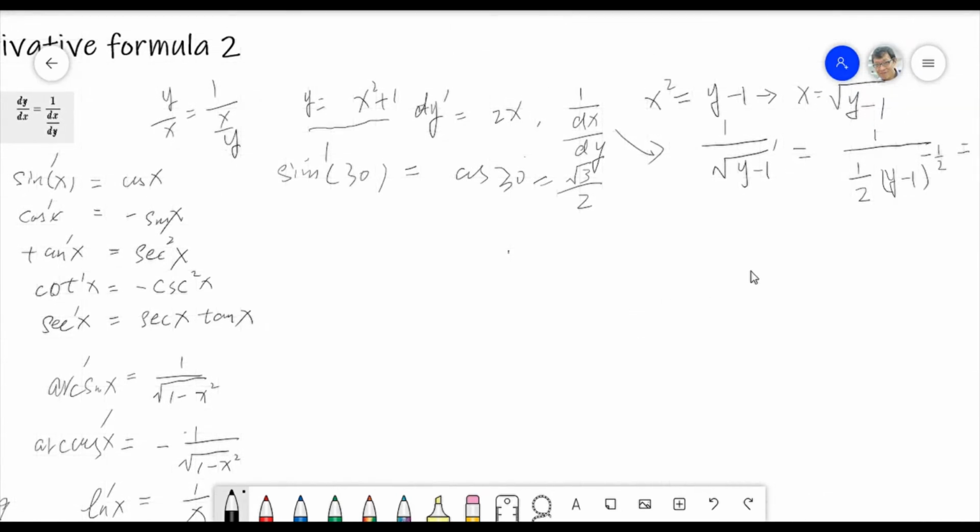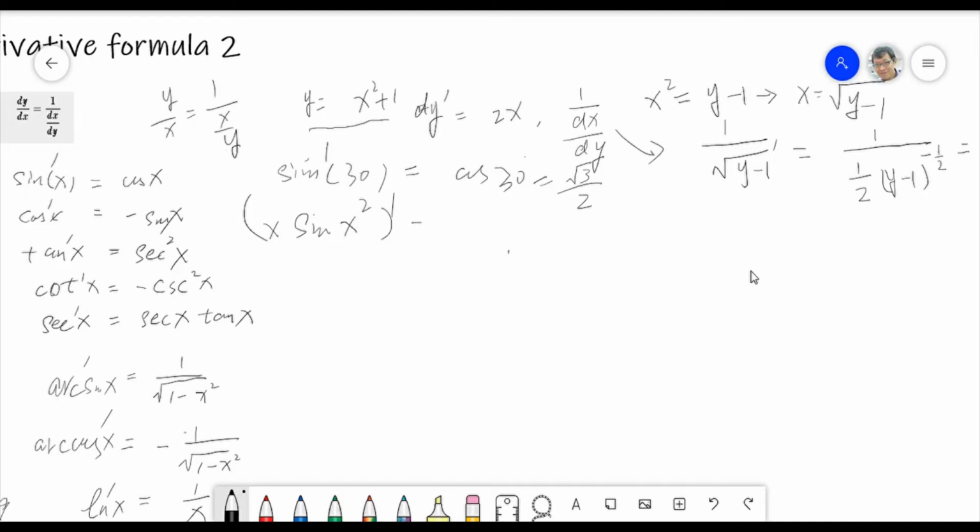Let's give one more example. How about the derivative of x times sine of x squared?